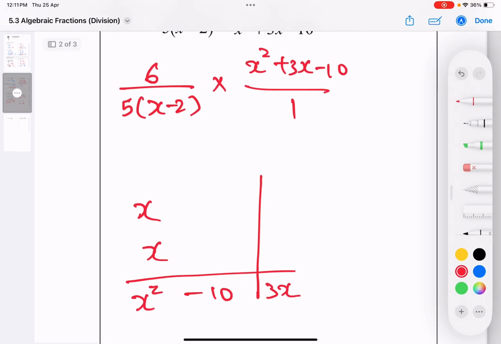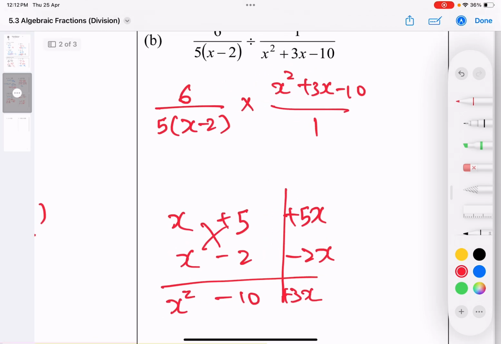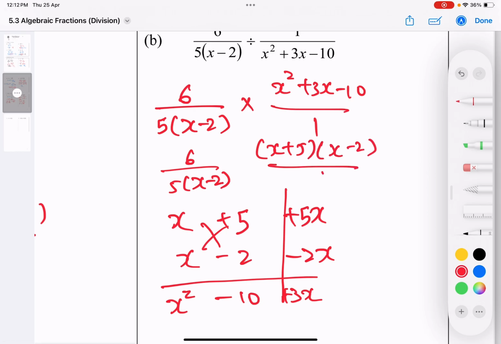Okay, come, how do we factorize this? X squared is x times x. 10 is, you can think of many ways. You have 5 times 2. So 5x, 2x. How to get positive 3x? Here is plus, here is minus. So this is how we factorize it. So I know that the answer here is going to be x plus 5, x minus 2.